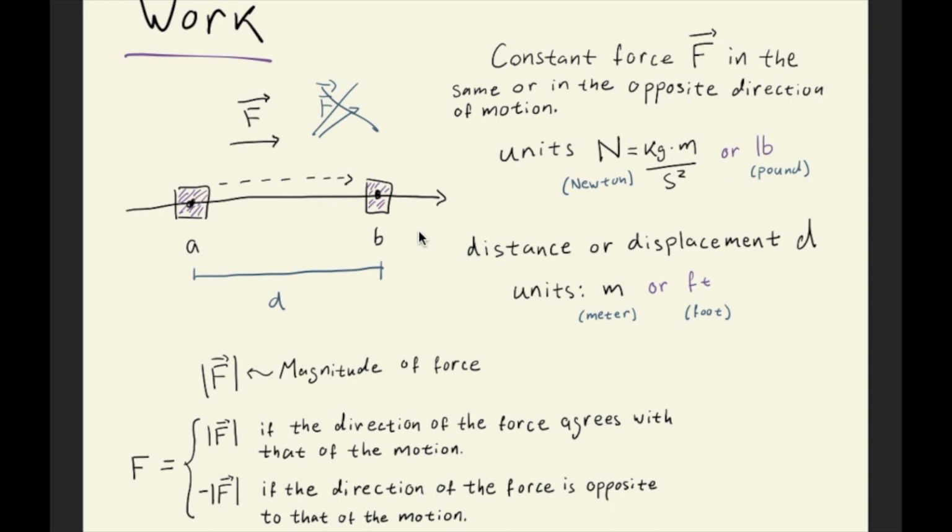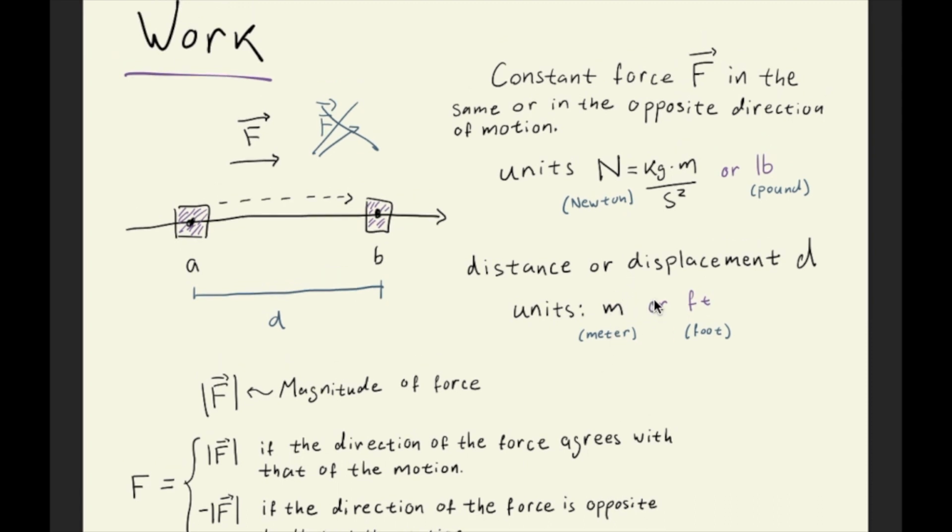So this body moves from point A to point B. This distance that was traveled, or the displacement, we're going to denote by D, and the units for that are either meters or, if we're using the British system, foot. And one thing that you should pay attention to, I'm introducing these things now, is if the force is in newtons, then the displacement must be in meters. You can't mix it up, right?